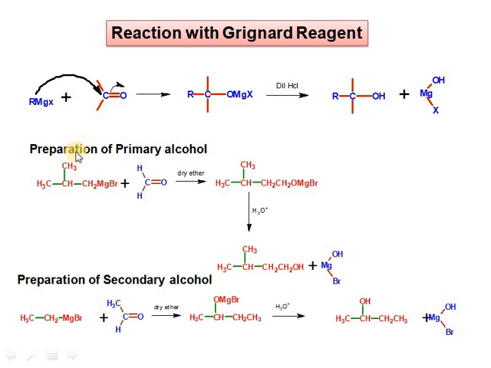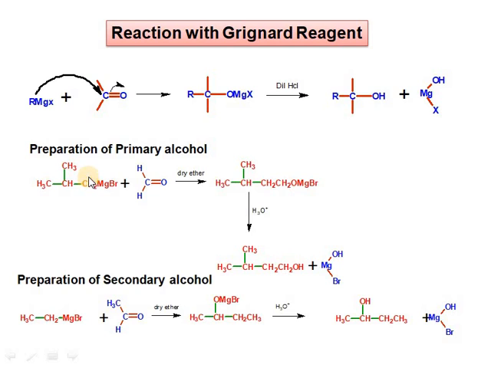Now see how you prepare primary alcohols by using Grignard reagents. Formaldehyde is treated with a Grignard reagent. It is a very simple reaction: CH3 minus Mg plus Br minus is a Grignard reagent.